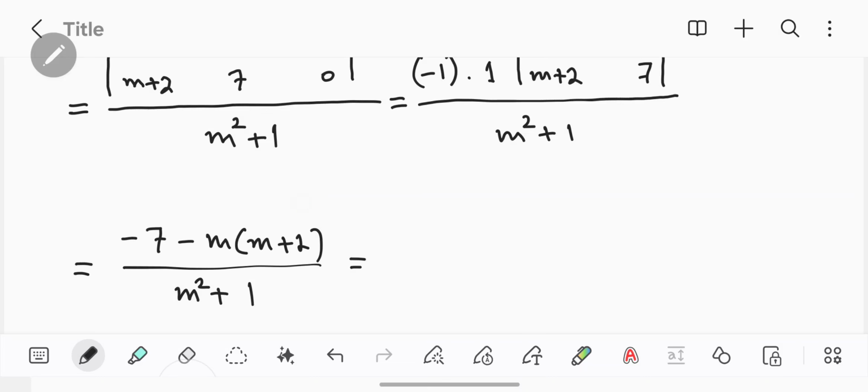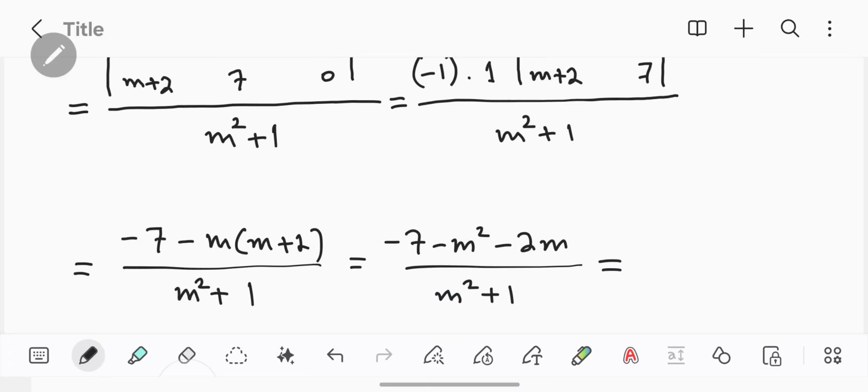If I simplify this, minus 7 minus m squared minus 2m over m squared plus 1, it is equal to minus, because every term is minus, so I can take minus common. So this is equal to m squared plus 2m plus 7.